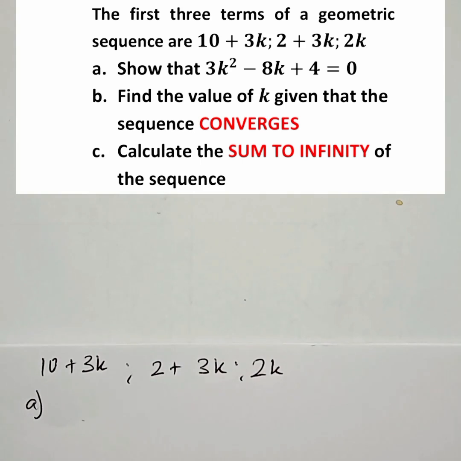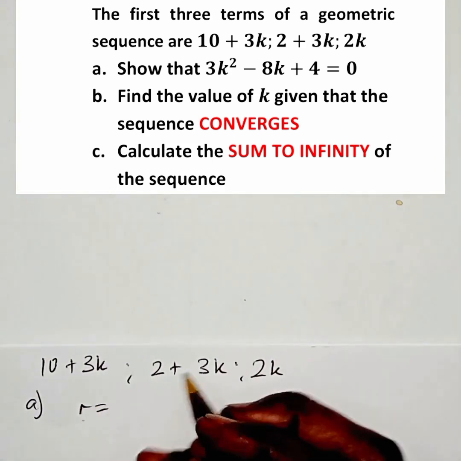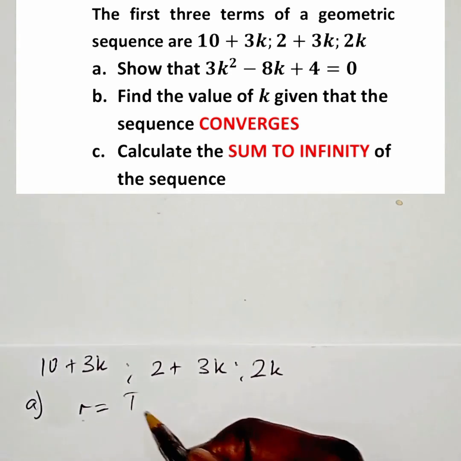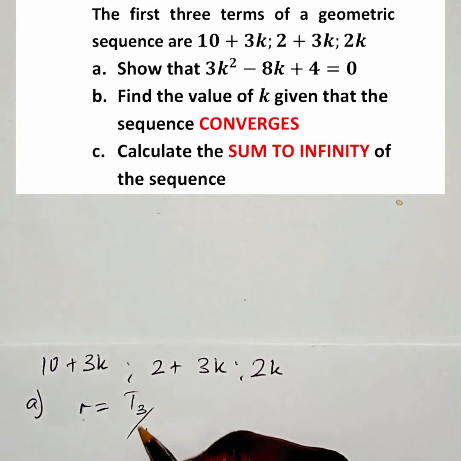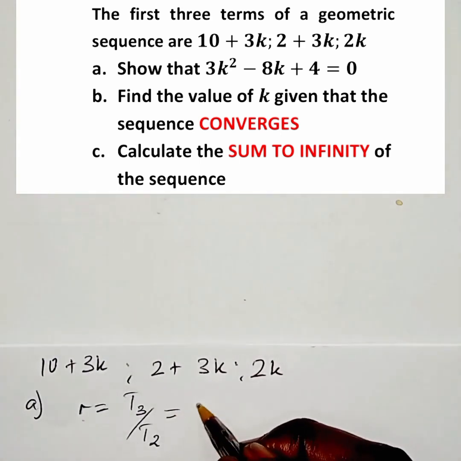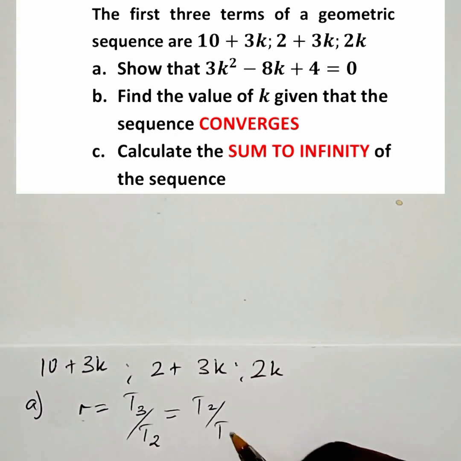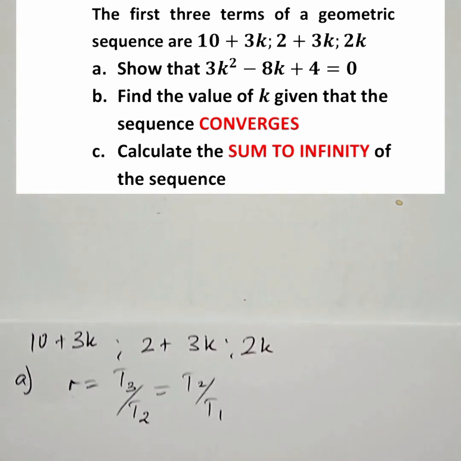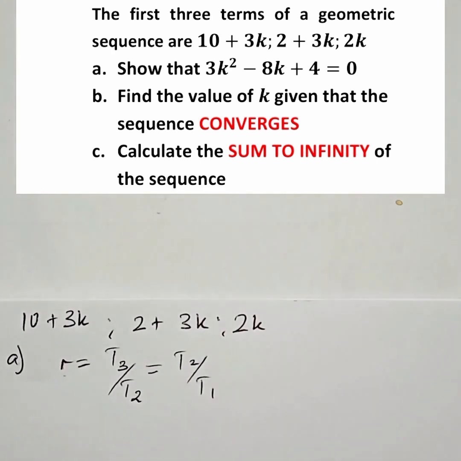Now for us to show that, we need to consider the common ratio R. Now you remember we say R is equal to T3 divided by T2. It is the same thing as saying T2 divided by T1. Now we're going to apply that on that sequence that we have.